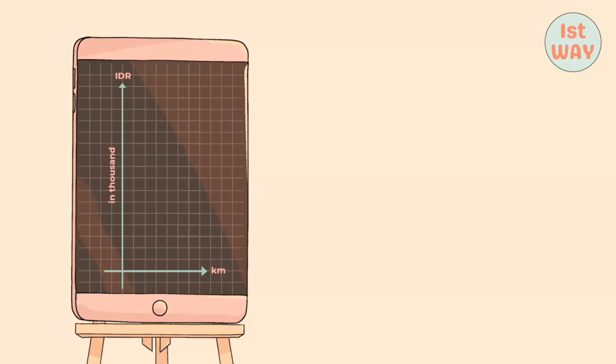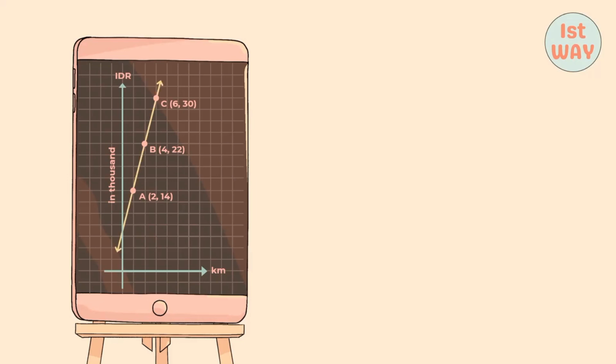So first, we have point A, 2, 14. Next, at 4 kilometers, the taxi fare is 22,000, so we have point 4, 22. And last, at 6 kilometers, the taxi fare is 30,000. Then we have point 6, 30. Then make a straight line that passes through these points.